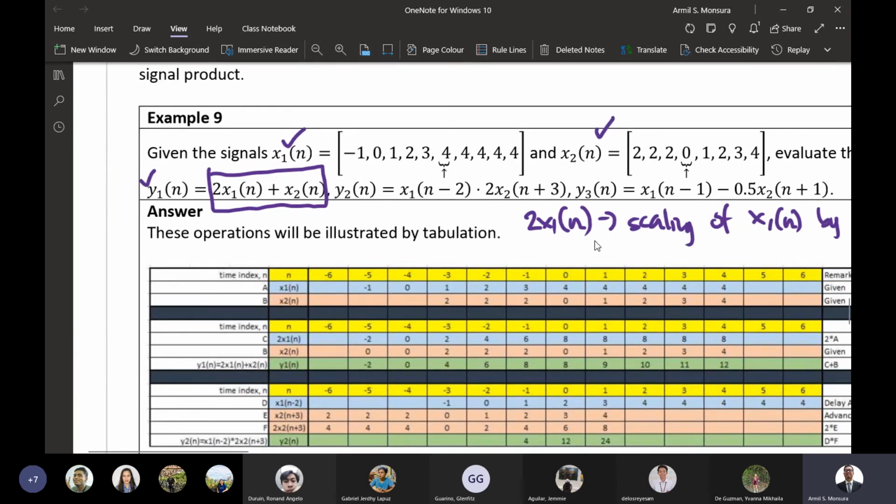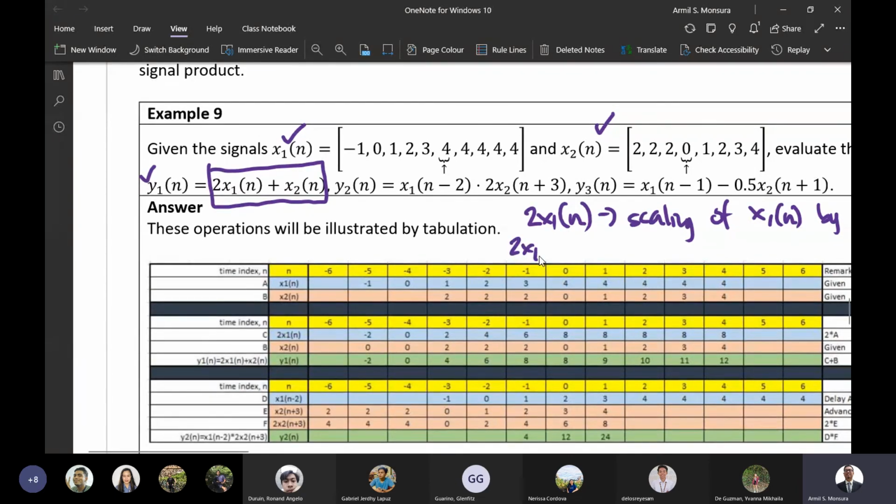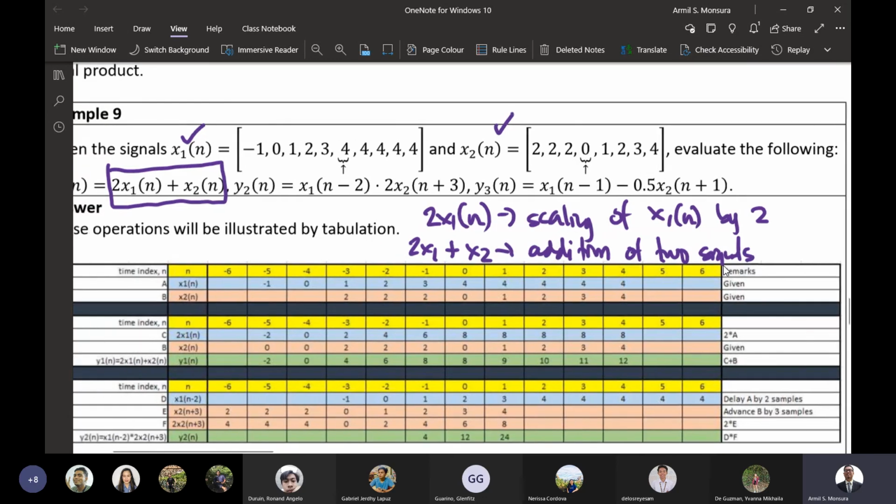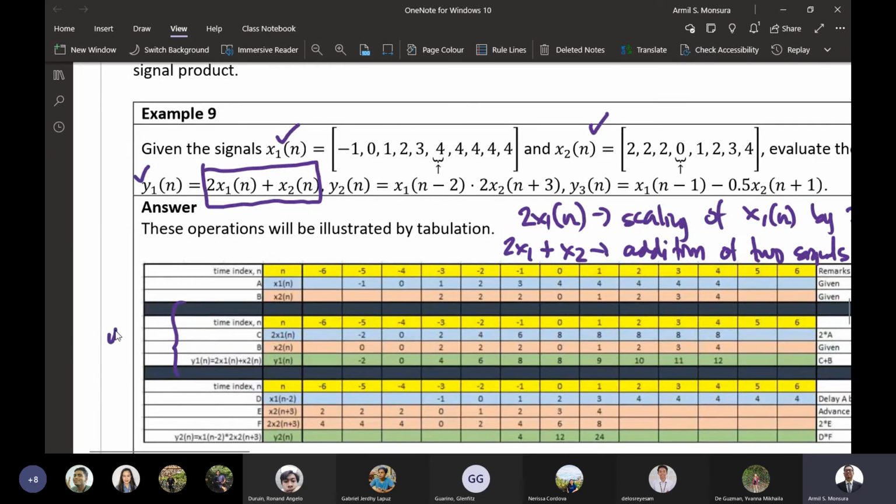Then, finally, okay, ipoproduce natin yung sum na 2x1, okay, plus x2. So, ibig sabihin, addition of 2 signals. So, ibig sabihin, meron dalawang operations na kailangan natin i-accomplish dito. Okay. So, ito yun, para sa y1.